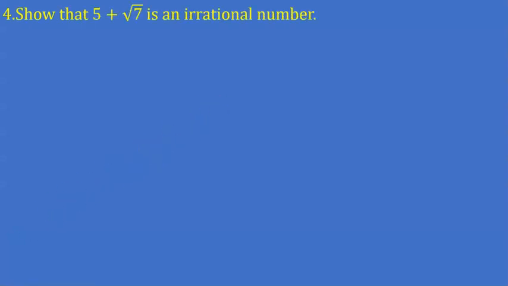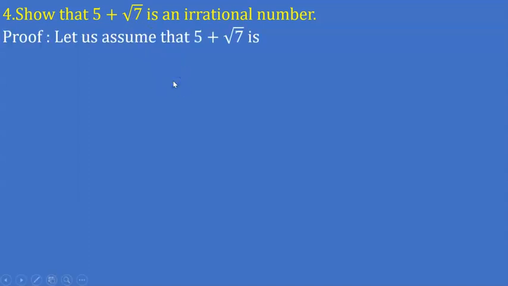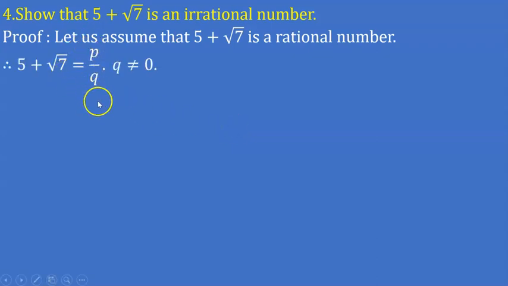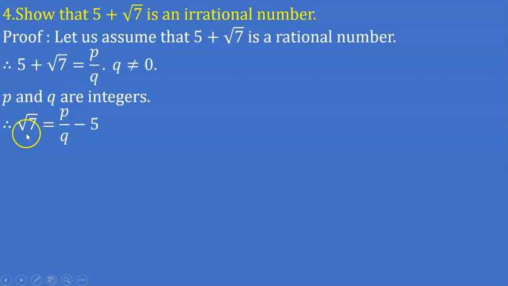Now, next question. Show that 5 plus root 7 is an irrational number. Let us assume that 5 plus root 7 is a rational number. Then 5 plus root 7 equals p upon q, where q is not equal to 0, and p and q are integers. Therefore, root 7 equals, taking 5 to the right hand side, p upon q minus 5.